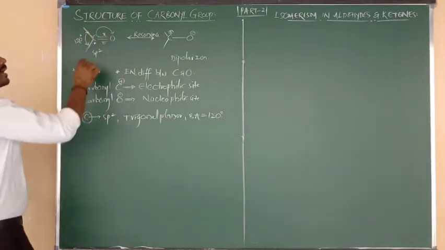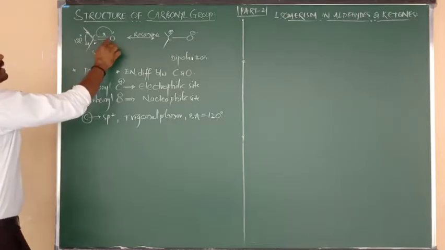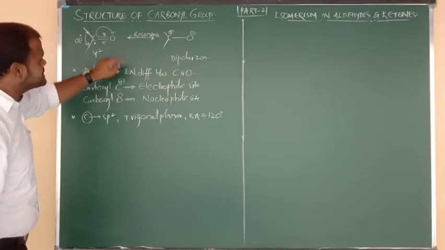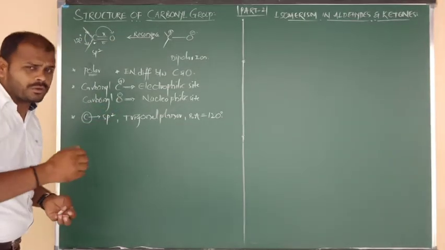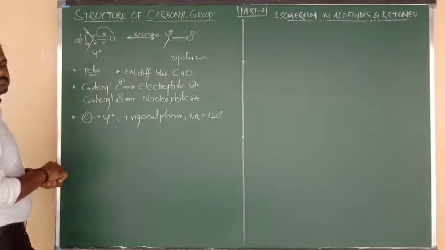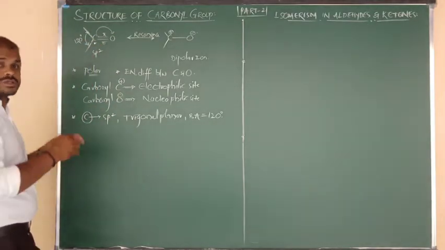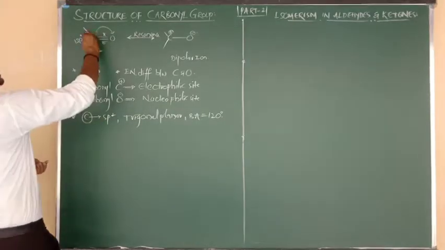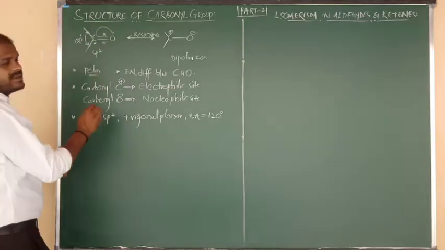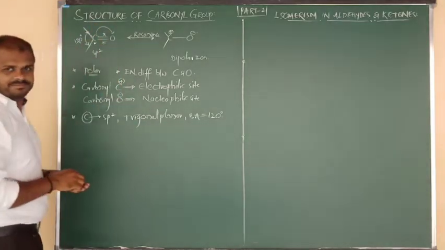In the carbonyl functional group, carbon is connected to oxygen. But as compared to carbon, oxygen has more electronegativity. Due to the higher electronegativity of oxygen, one of the pi bonding electrons is unstable, so it is more reactive. It undergoes delocalization, that is, shifting of the pi bond from carbon to oxygen.